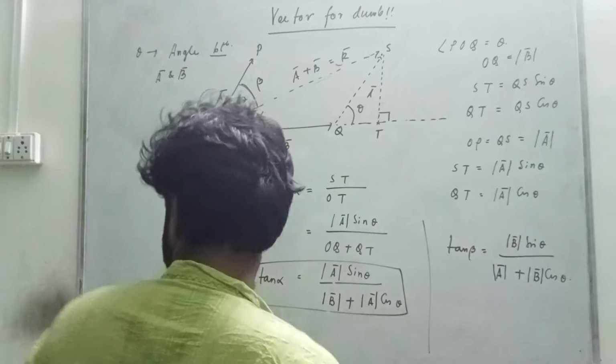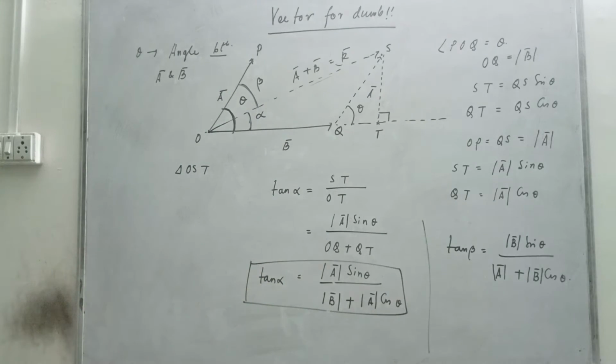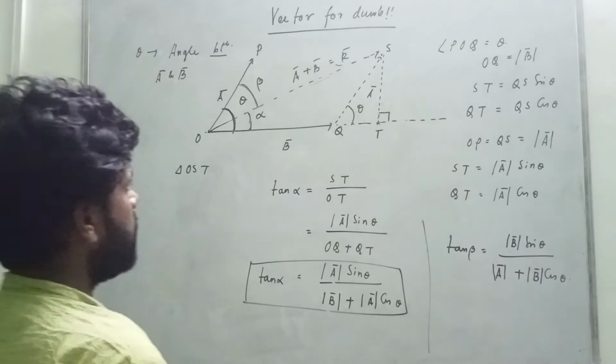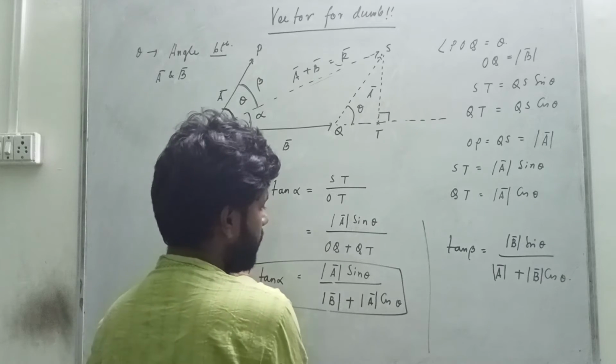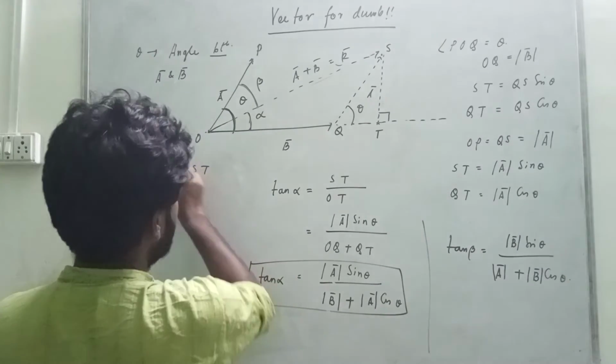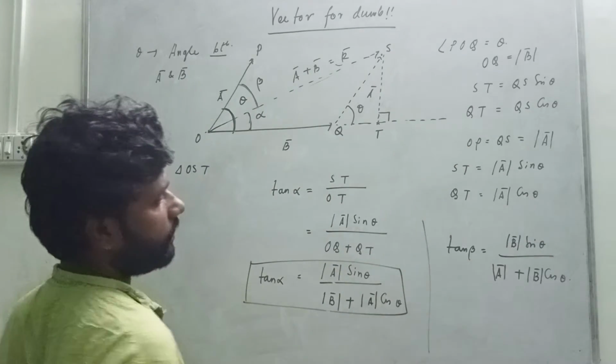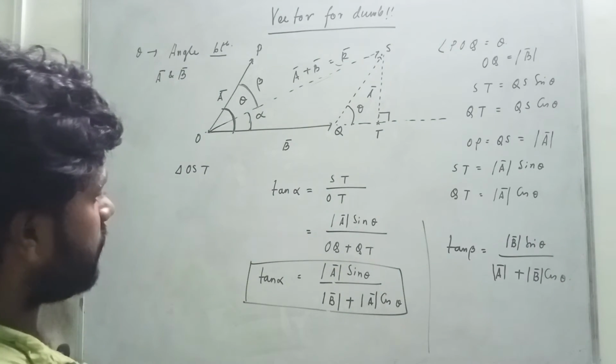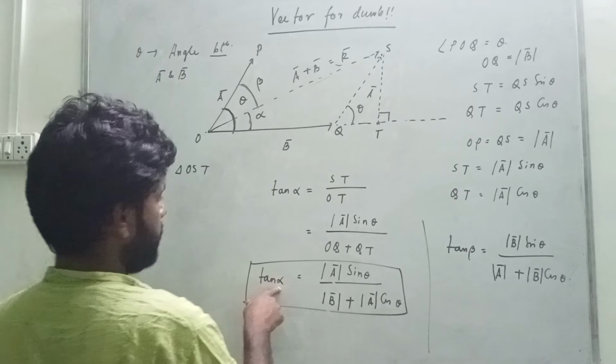Okay. So now I want to calculate the angle with A minus B or B minus A, right? So just erase all of this here. Just remember, here is alpha.